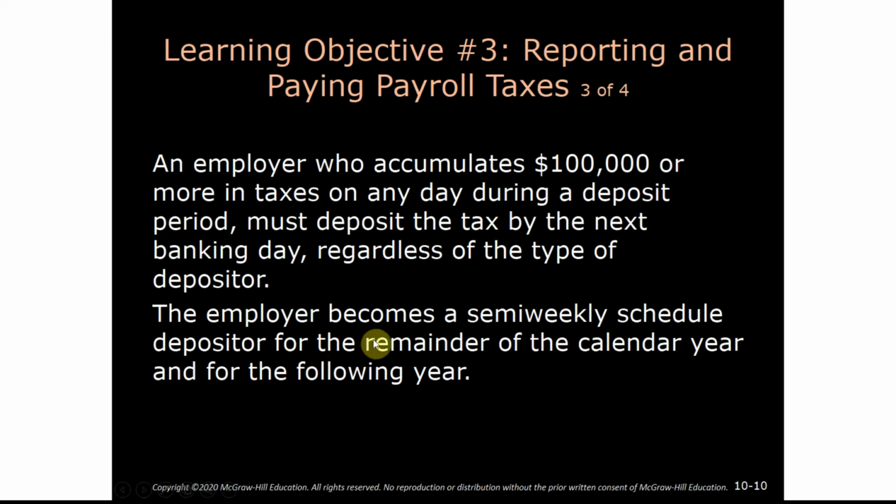And the employer becomes a semi-weekly scheduled depositor for the remainder of that calendar year as well as the following. So that bumps them up to a semi-weekly schedule, even if this was an unusual situation and they normally don't have the $50,000 through the look-back period.